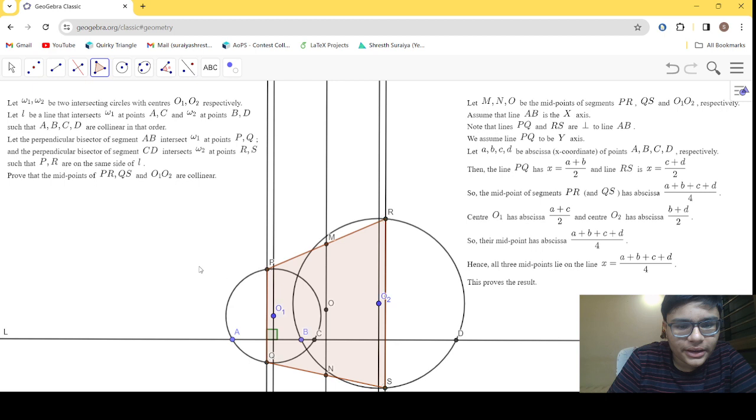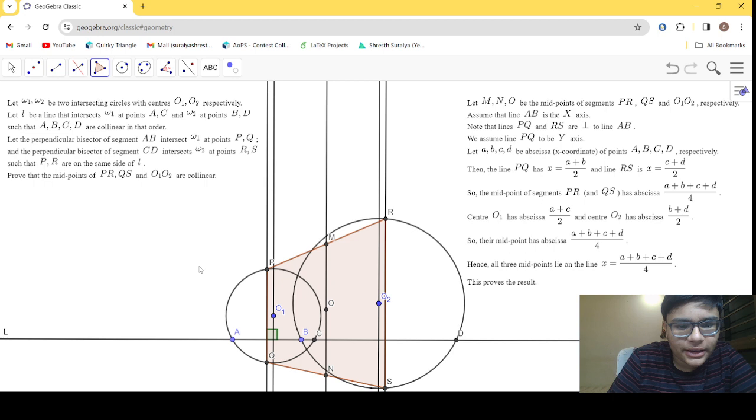And as you see, the midline of this trapezium is line MN, and O lies on this midline. So you can use some reasoning along with some length computations to show that O actually lies on the line MN. And I think that pretty much proves the problem. And yeah, we are done.